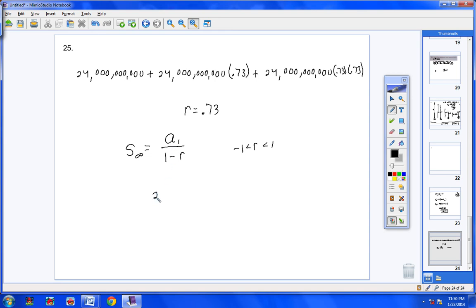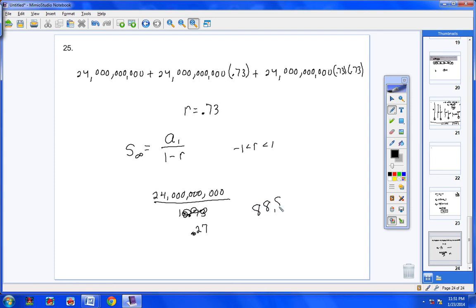So for a subscript 1, I'm going to put 24 billion all over 1 minus r, 1 minus 0.73, and then using a calculator, if you type everything in correctly, 1 minus 0.73 of course is 0.27, and so take 24 billion divided by 0.27, and you will get out something like this right here.